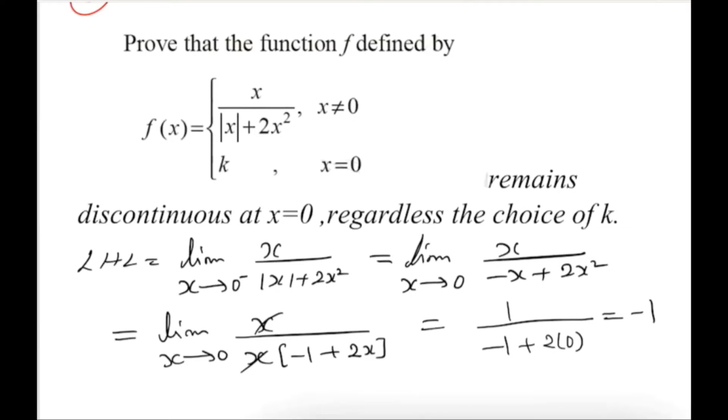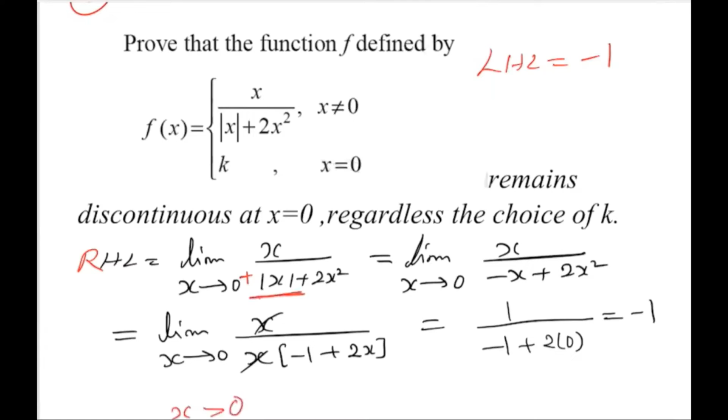So we got left-hand limit equal to minus 1. Now finding the right-hand limit, RHL, 0 plus. So as x approaches 0 from the right, x is greater than 0.